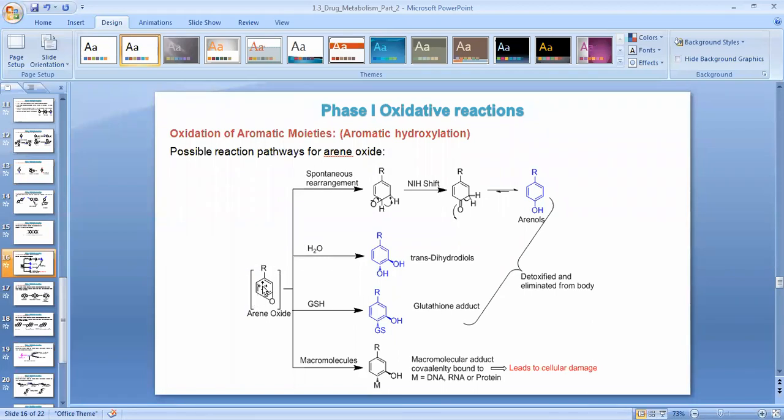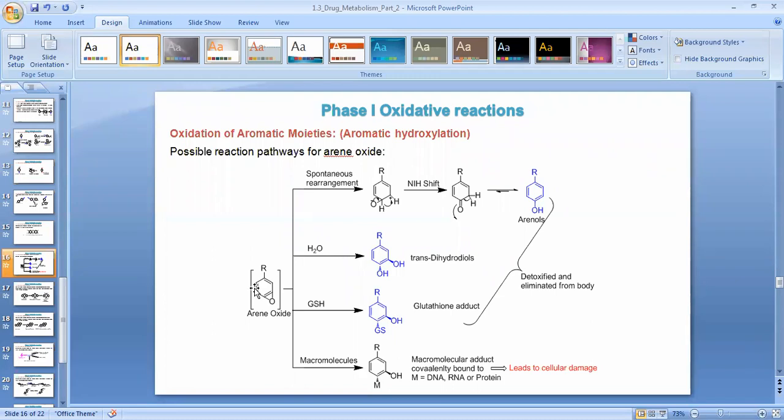The drug molecule is exposed to different types of environment, enzymes and biochemical entities. So what happens to the drug molecule when it reacts with them? The first reaction on aromatic rings, no doubt, is hydroxylation.